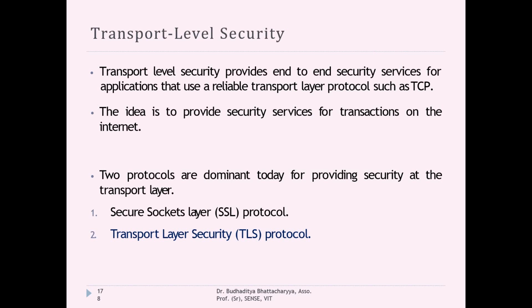Transport level security provides an end-to-end security service. It's a process in which we are providing security to each and every layer. Remember, as of now, we know that we need encryption for the data. We also know about the cryptographic hash function, the digital signature, and something called MAC as well.